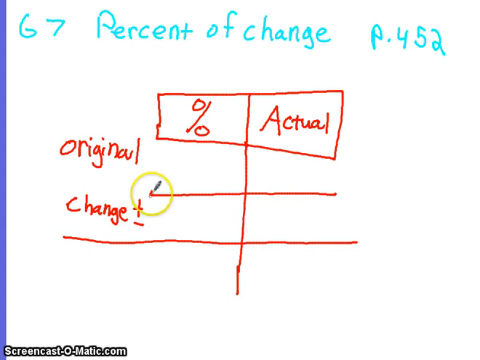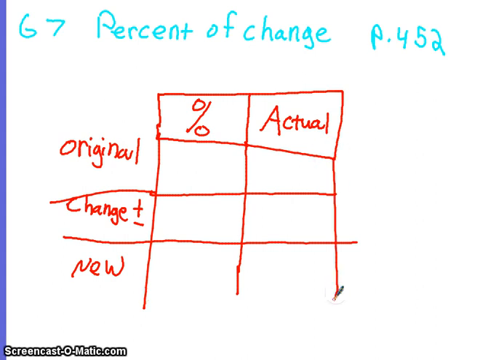And then the new. Notice, a little crooked. But if we keep that order, original, change, plus or minus if the percent goes up or down, and then what that new percent actually happens to be, it allows us to set up a proportion. And I know that's not very straight.